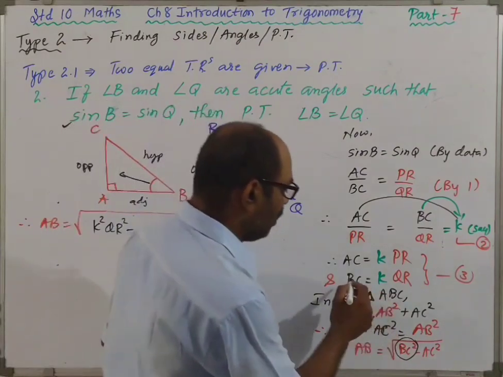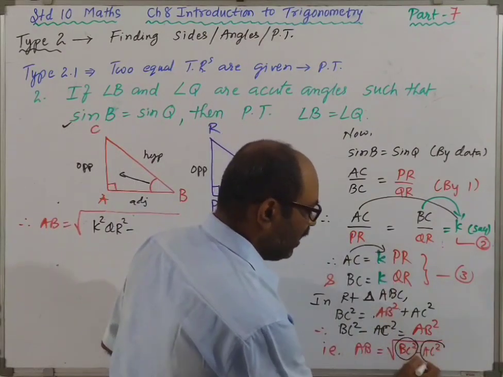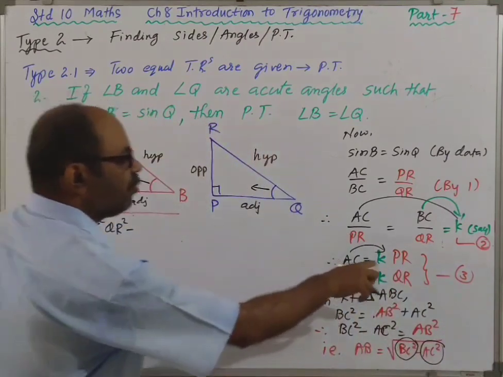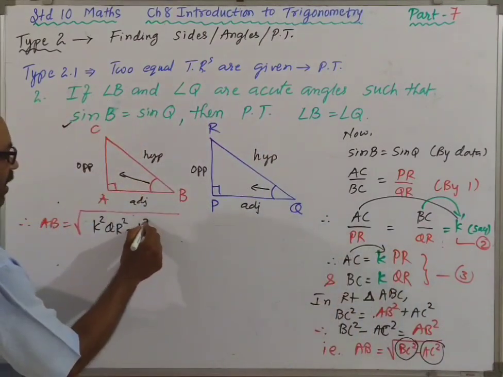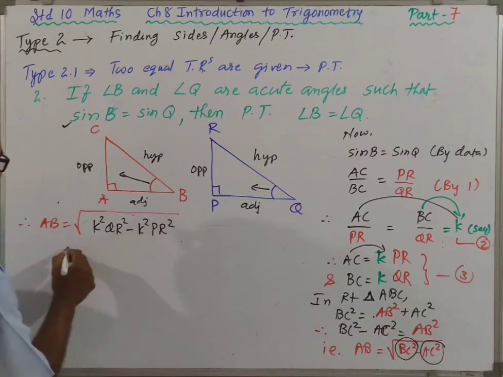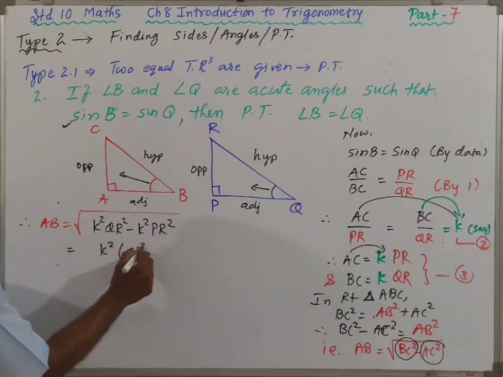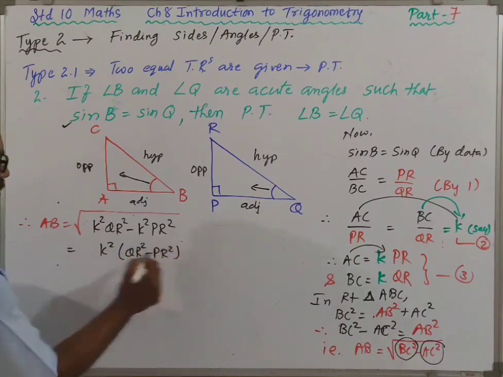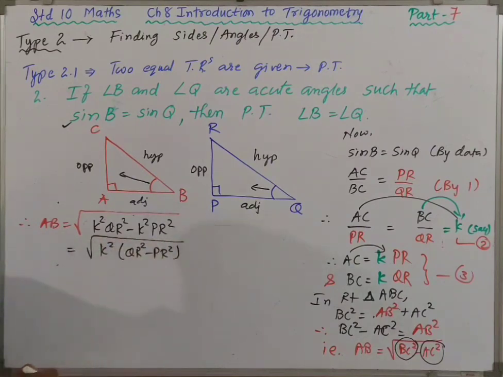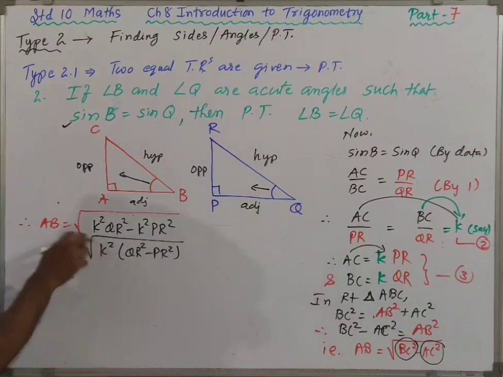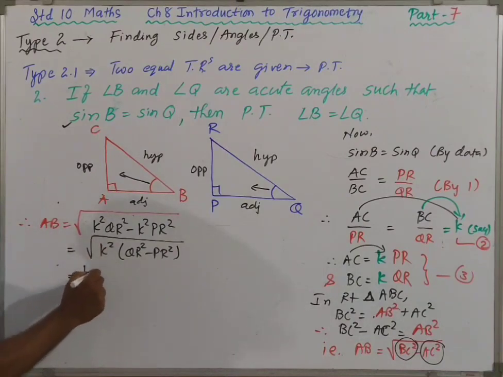Minus. Also you have substitution for AC. AC is K into PR. So AC square will be K square into PR square. K square is common in the two terms. Bracket mein QR square minus PR square. And the square root holds. This K comes out because it is perfect square.